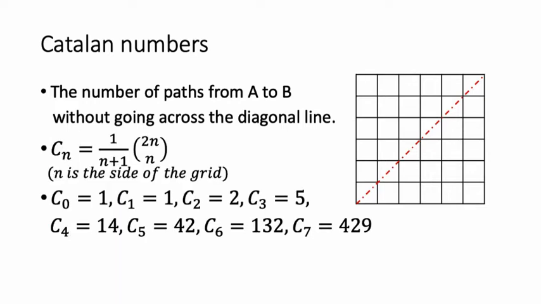The Catalan number Cn will be equal to 1 over n plus 1 times the combination of n from 2n. So this is a function where we generate Catalan numbers. In this video, we'll not talk about how this function is formed, and we'll list out Catalan numbers from 0 to 7.